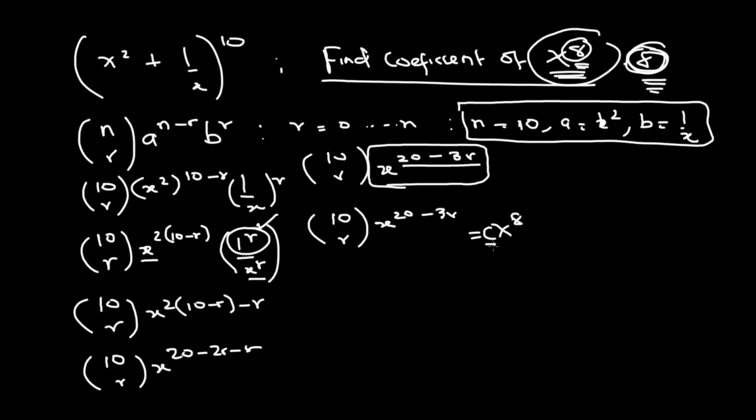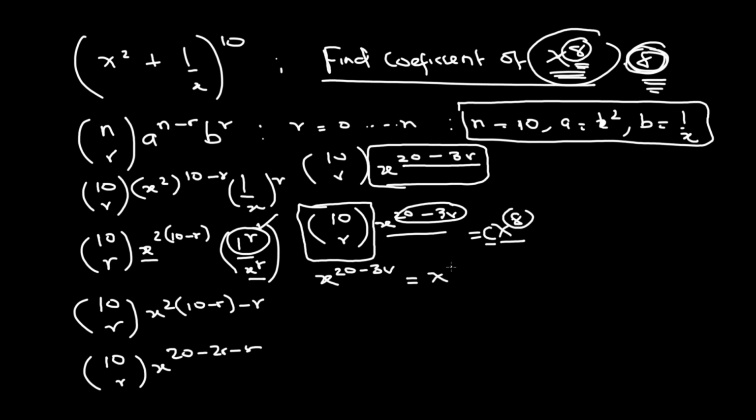So we can say that c is equal to this. And then x^8 is equal to this, meaning that the power, this one and that one, are going to be the same. So now we can say x^(20 minus 3r) equals x^8, right? So we can say 20 minus 3r equals 8, right?